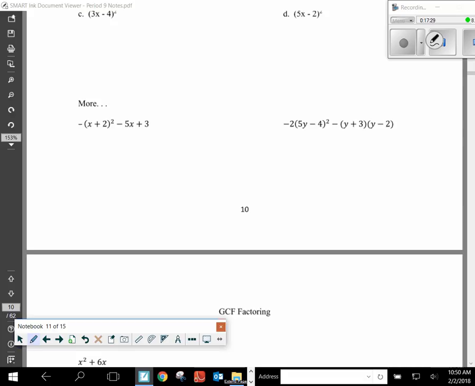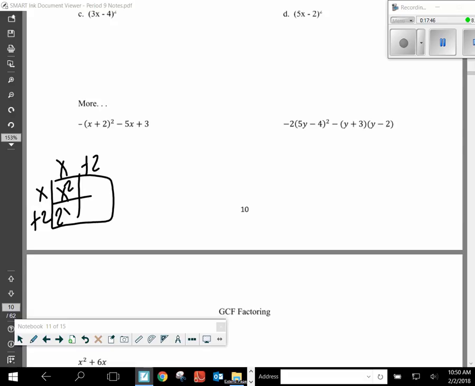So on the one on the left, we first have to multiply x plus 2 squared. We can't distribute the negative because of order of operations. So we're going to multiply out x plus 2, which I want to remind you is not x squared plus 4. It's x squared, and then we have 2x and plus 4. So it's x squared plus 4x plus 4.